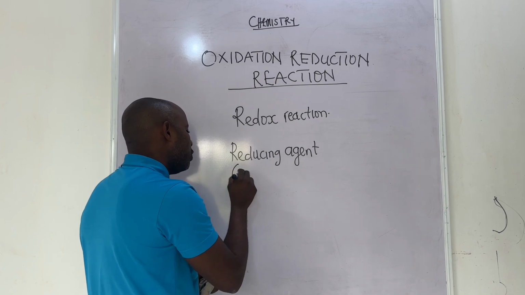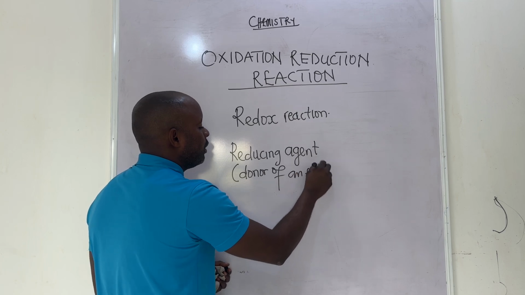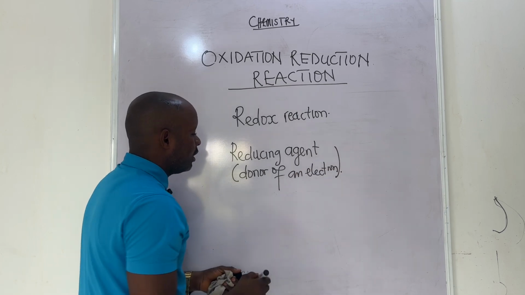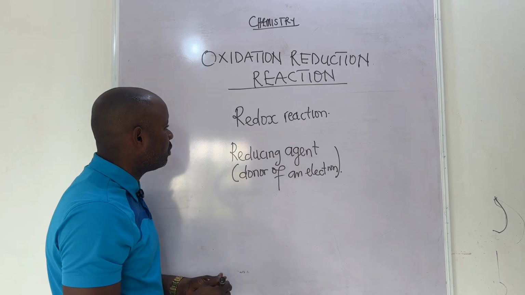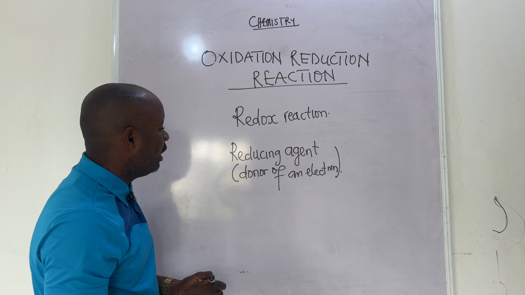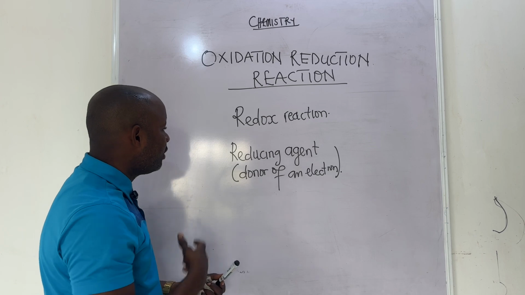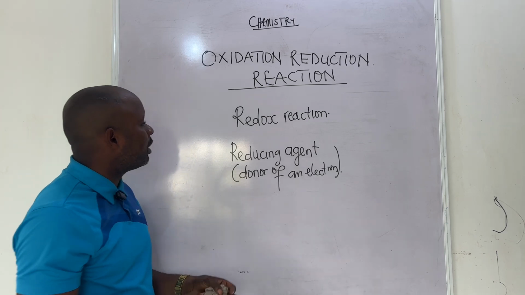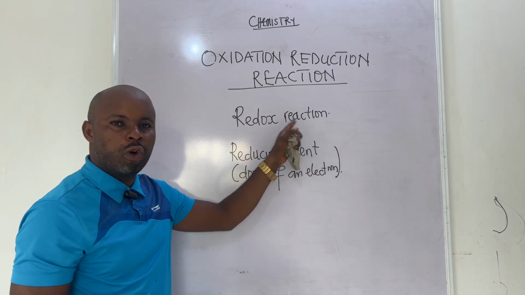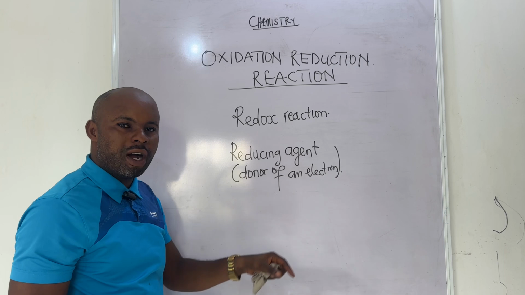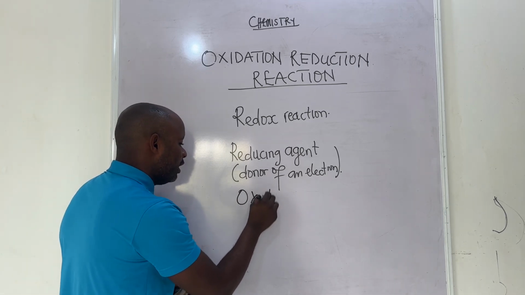So these keywords we are trying to explain, please pay very good attention so that we will not be confused when comparing the reactants known as the reducing agent and the one known as the oxidizing agent. A redox reaction involves the transfer of electron from a donor, the reducing agent, to an acceptor of electron, the oxidizing agent.